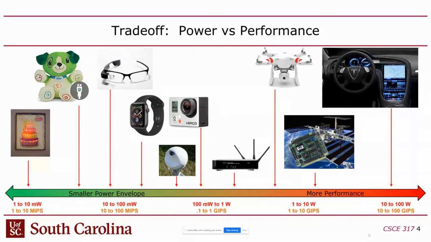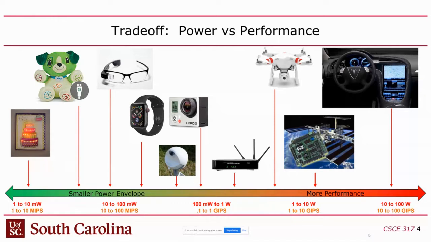But this is a spectrum where on the left side you have smaller power envelopes, and on the right side you have more performance. So this is kind of a trade-off between power and processing power, right? Electrical power and processing power.